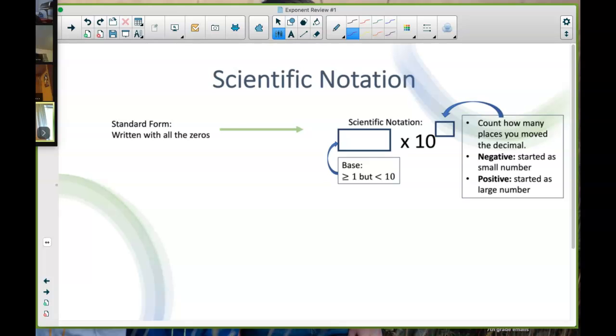Standard form means we have all the zeros. Yes, the test is next week. It's on Monday.